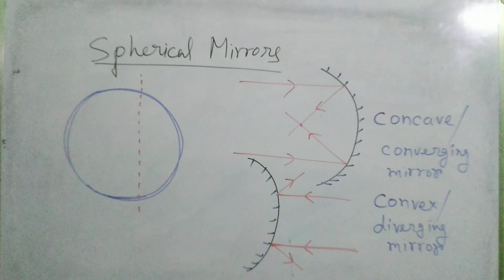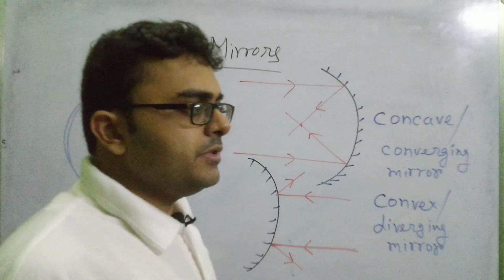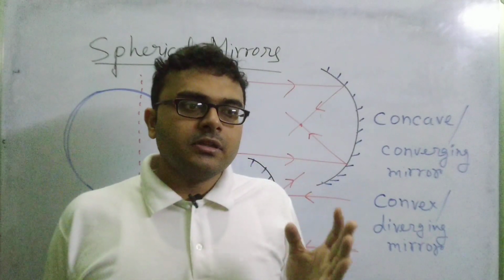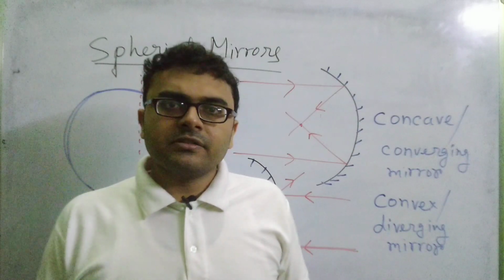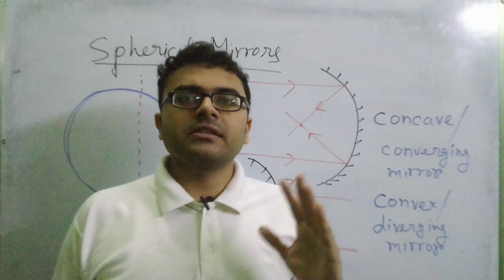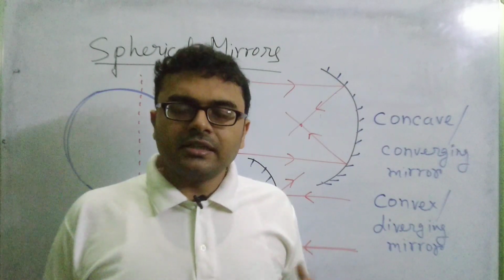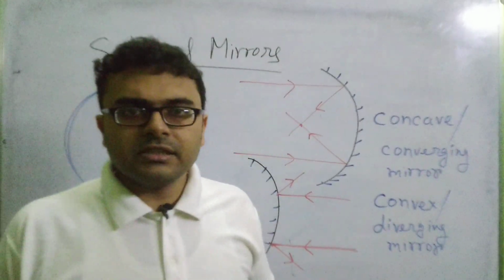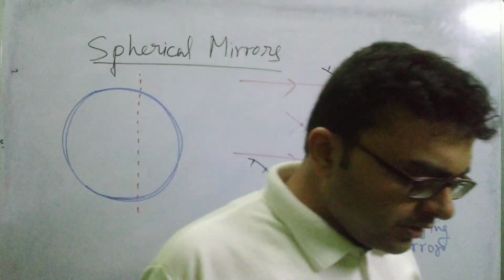So if we think of the definition of a spherical mirror, how can we define it? The mirror which is formed by cutting a part of a transparent glass sphere and then silvering one of its surfaces can be regarded as a spherical mirror, isn't it? If you want to write the definition, you can note it down.